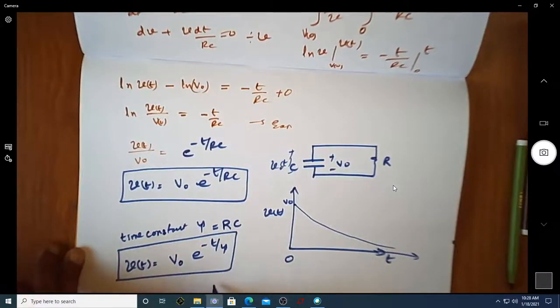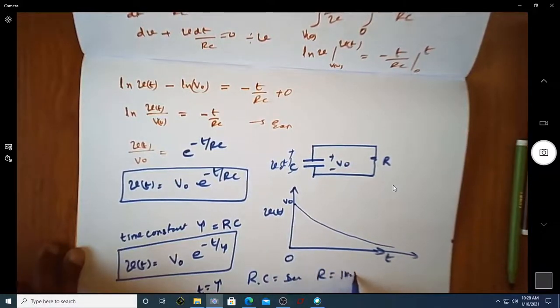Suppose you consider t equal to tau, because we know that R into C is in terms of seconds. If R is equal to 1 kilo ohm and C is equal to 1 microfarad, I will end up with RC equal to 1 millisecond.